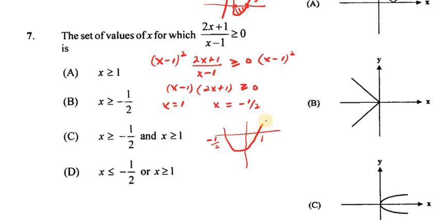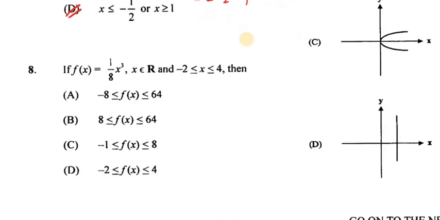We want to get the values for x being positive, so that's on this side and this side above the x-axis. So we're looking for values of x being less than or equal to negative 1/2 and x being greater than or equal to 1, and my answer here would be D.